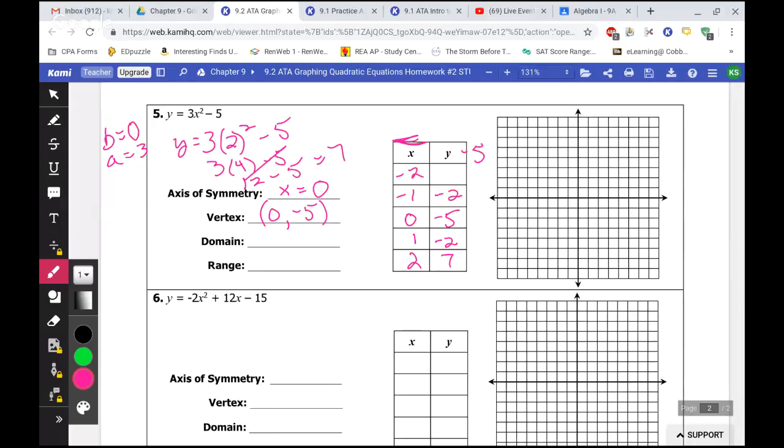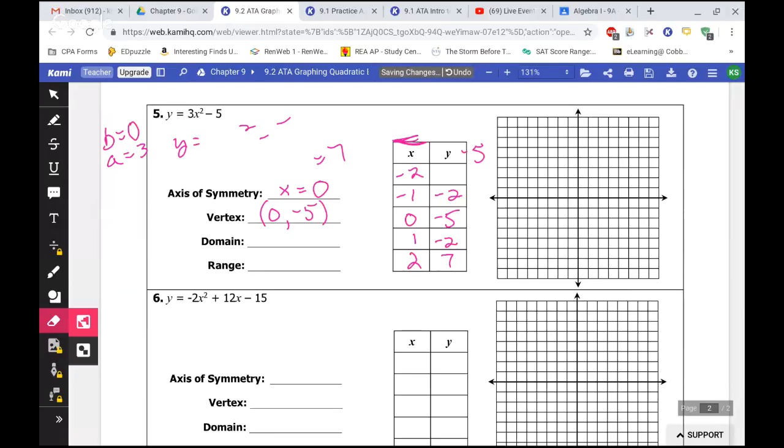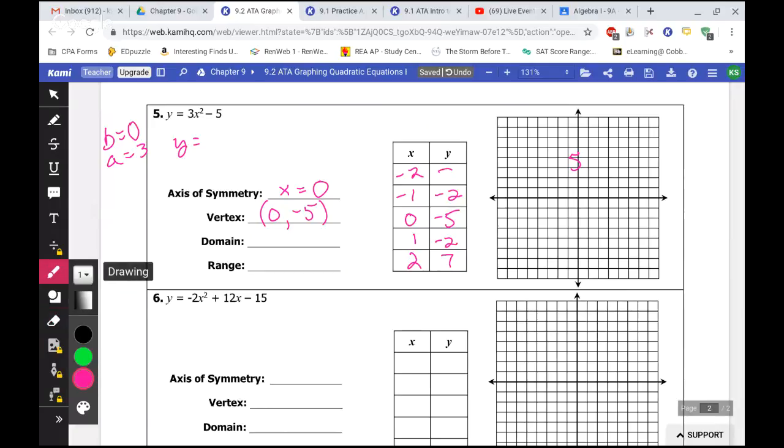So what other x value is going to return an answer of 7 if we plugged it in? There's only one block left. -2. Yes, negative 2. Good job.